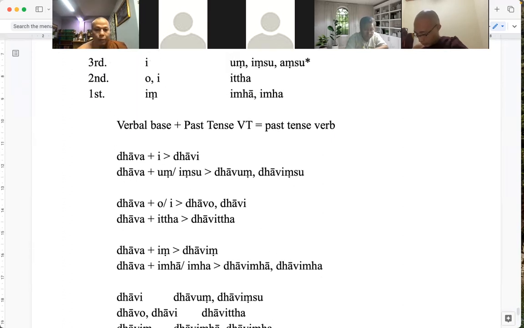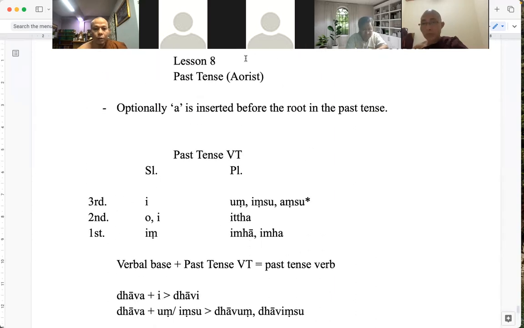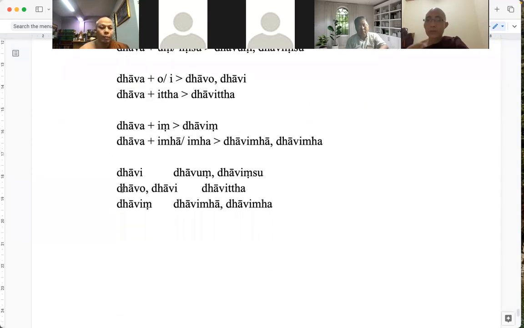But at the very beginning, I introduced the past tense sign. Optionally, a vowel is inserted before the root, right? Before the root means before the base also, in the same way. If we don't insert it, we have dhāvī, dhāvū, dhāviṃsu, dhāvo, dhāvittha, dhāvimhā.